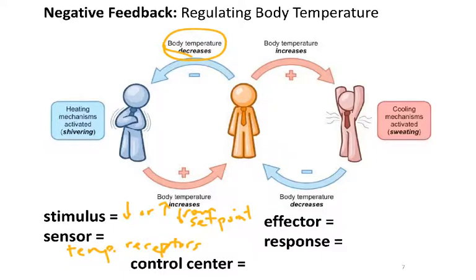The control center in this homeostatic mechanism is in the brain. The effector, and so I'm just going to talk about if you get cold, right? And you guys can sort of think through the process for how this works if you're too warm yourselves.